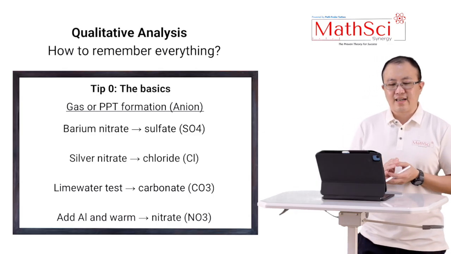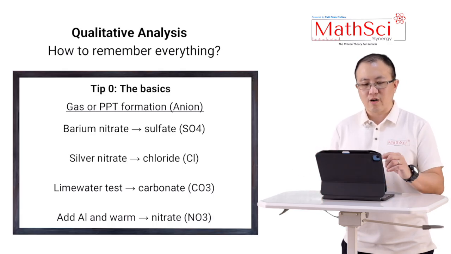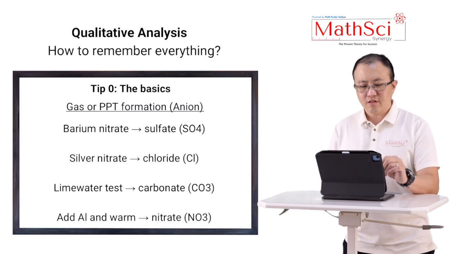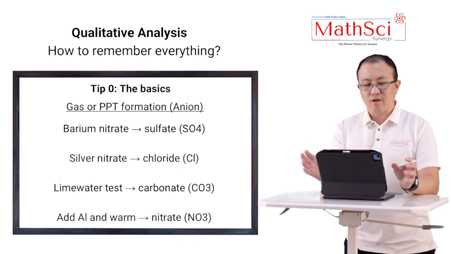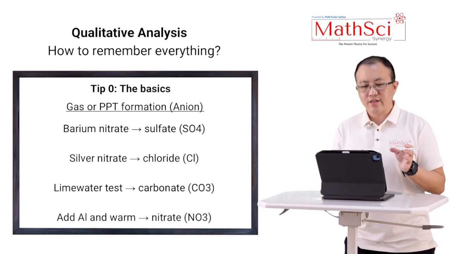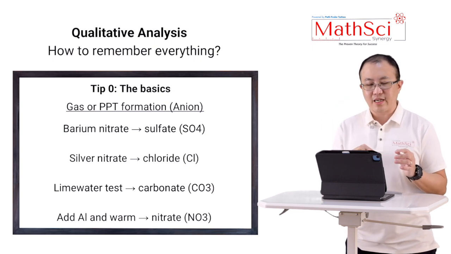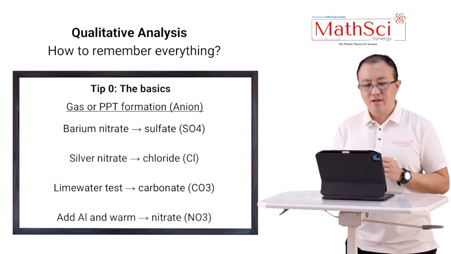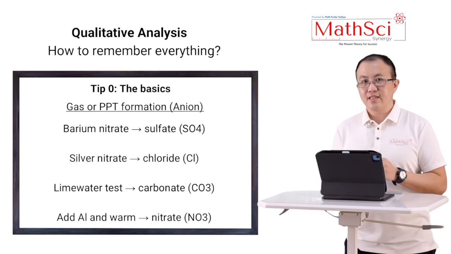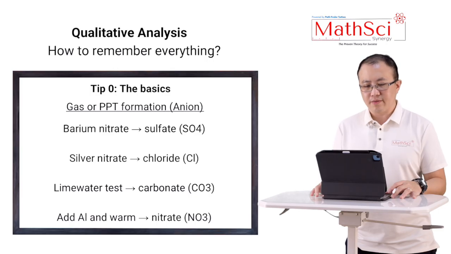On the other hand, when we look at anion, the way that we remember is that not only do they look at precipitate, in addition for anion testing, we also look at gas formation. So depending on what you are adding to the substance itself, it can also give you a hint of whether you are looking for that item. So for instance, when barium nitrate is being added, then we are looking out for the sulfate ion, because barium sulfate is going to be formed and it's a white precipitate, insoluble.